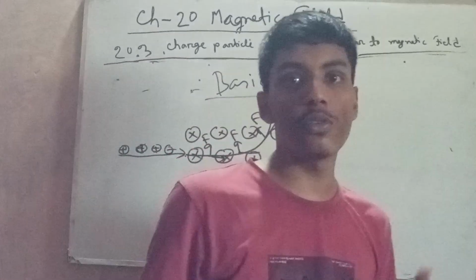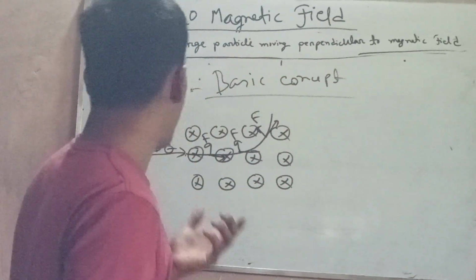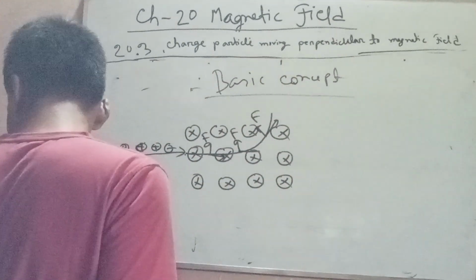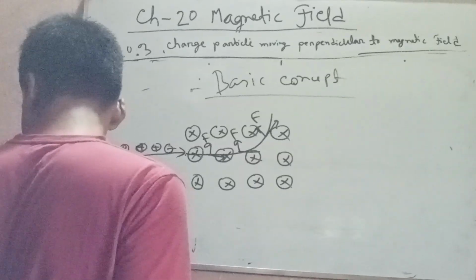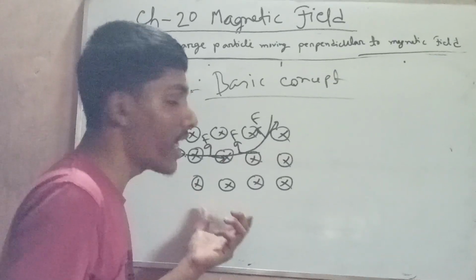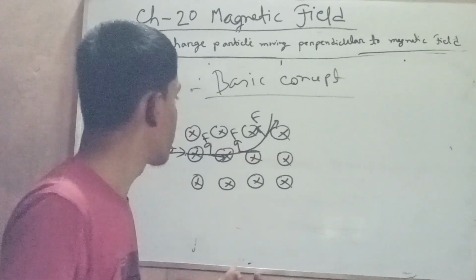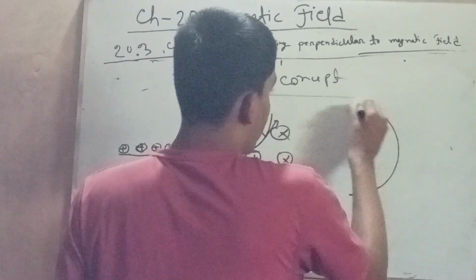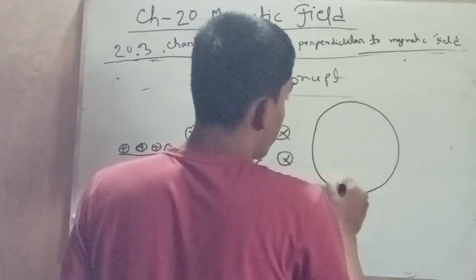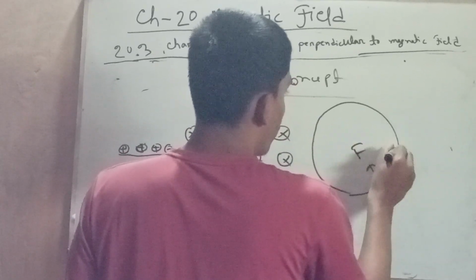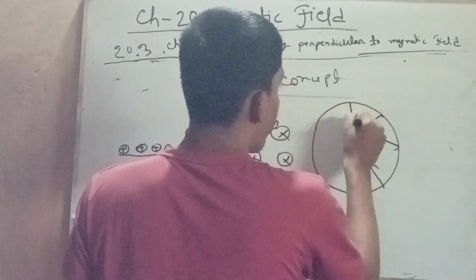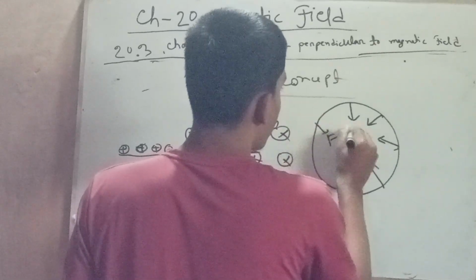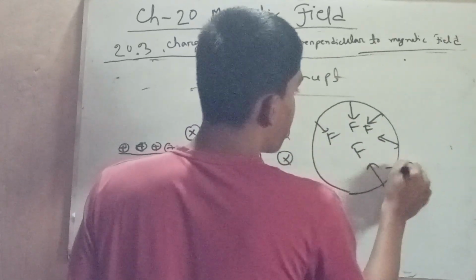However, the force continues to act at 90 degrees, and the velocity causes further bending and forms a circle. So, to move in a circular path, we need centripetal force.